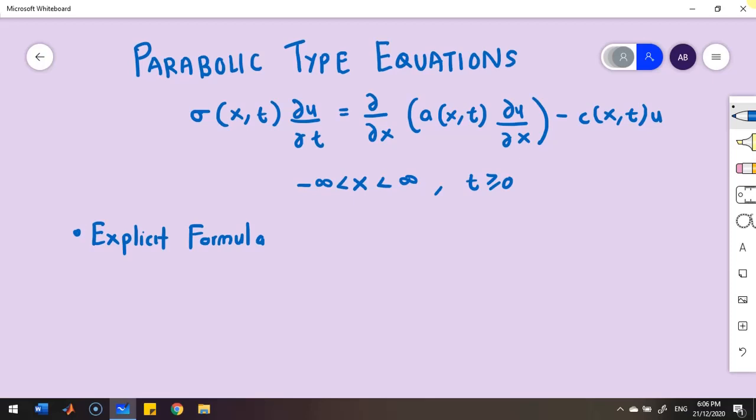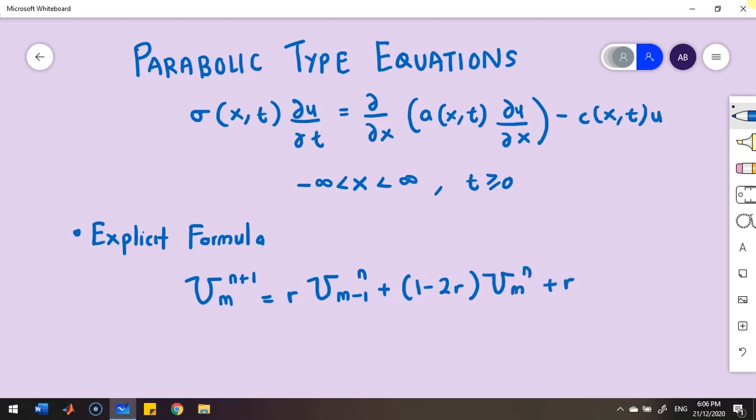Okay, so consider this explicit formula: u_m^(n+1) equals r u_(m-1)^n plus (1 minus 2r) u_m^n plus r u_(m+1)^n, where u_m^n is an approximation to the exact u_m^n.